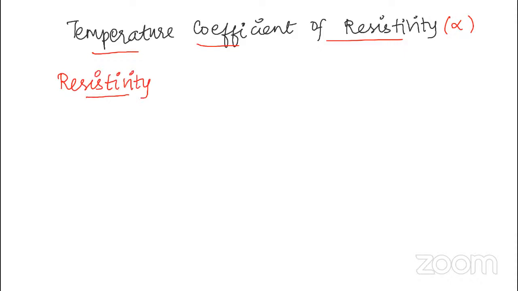Okay, that is rho T is equal to rho naught into 1 plus alpha into delta T. This is one formula.